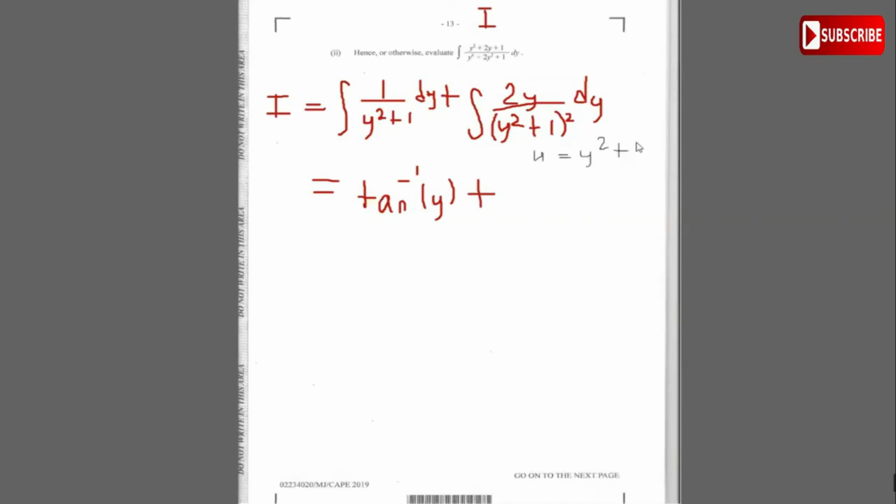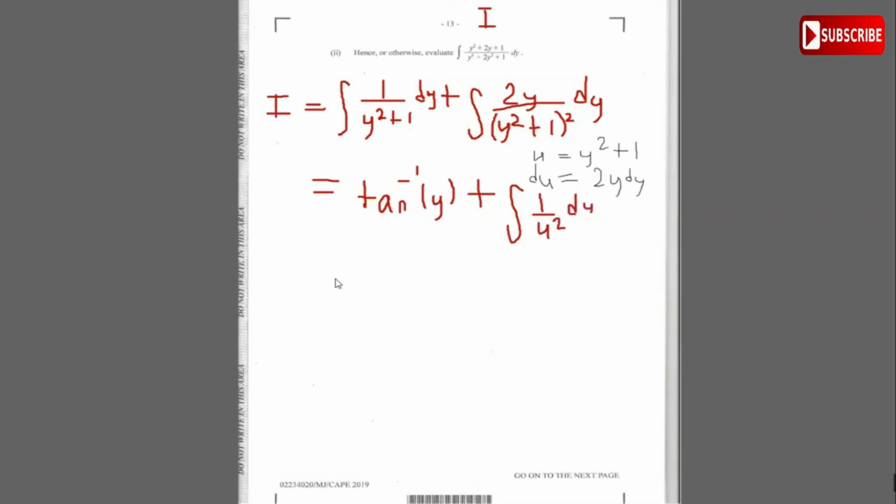If u is equal to y squared plus 1, then what is du? Du is going to be equal to 2y dy. So what does that mean for us? That means that this piece right here is going to become the integral of, using the u substitution, 1 over u squared du.